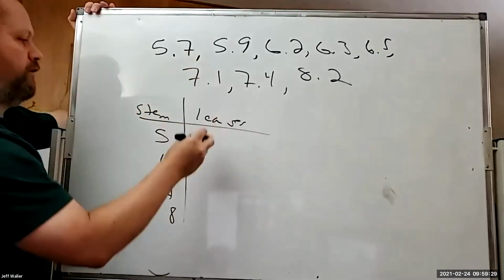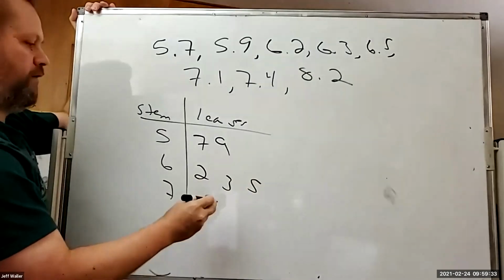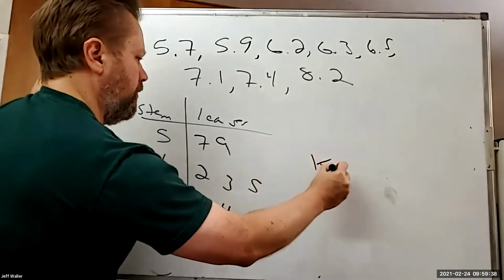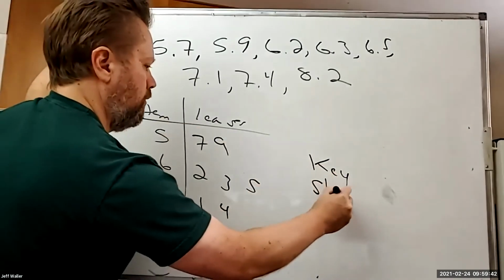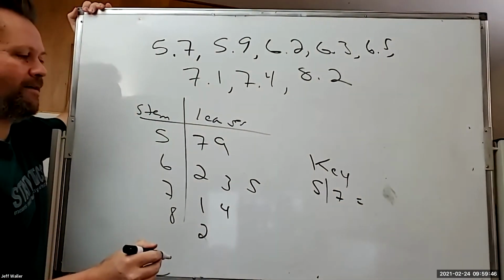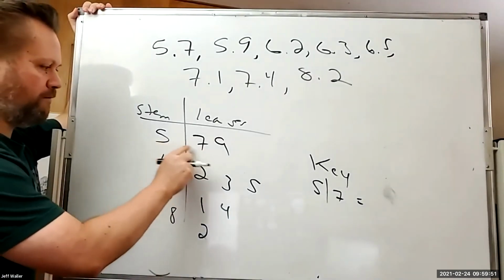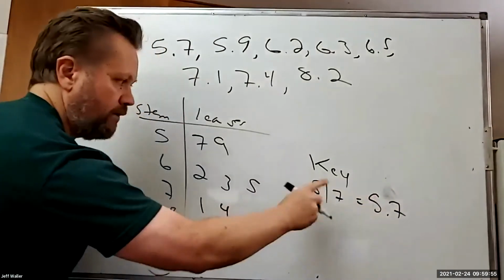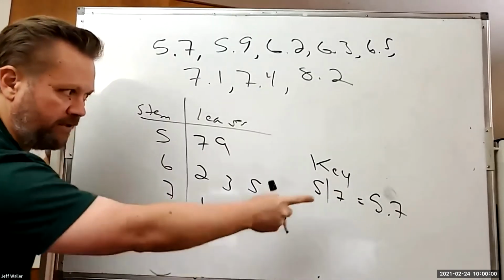Good. And the leaves would be 7, 9, 2, 3, 5, 1, 4, 2. And what would my key be? 5 line 7 is 5.7. See, now, since I gave you that one thing, now you know that this is 7.4, for example, because I can see the key.